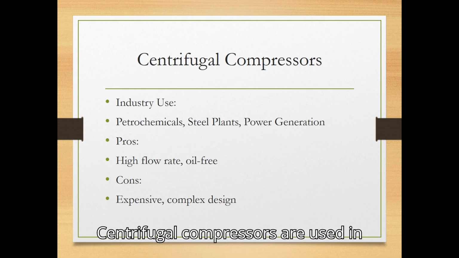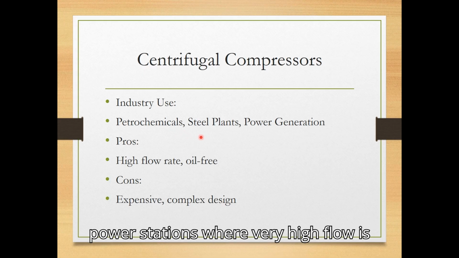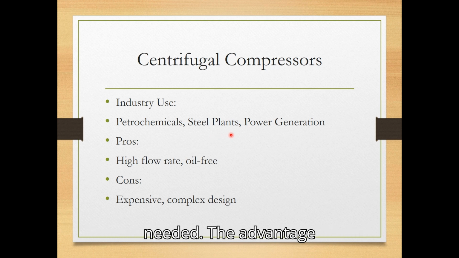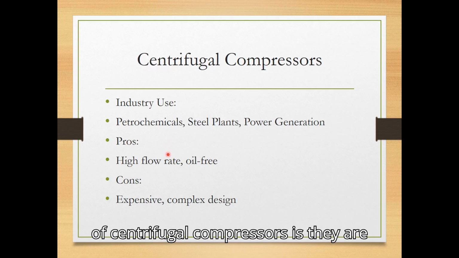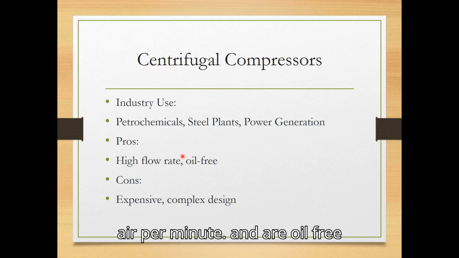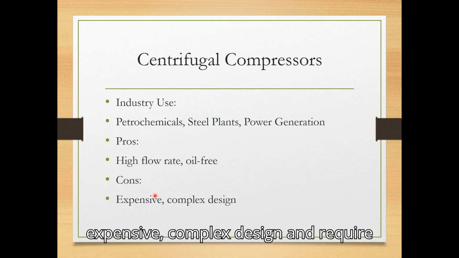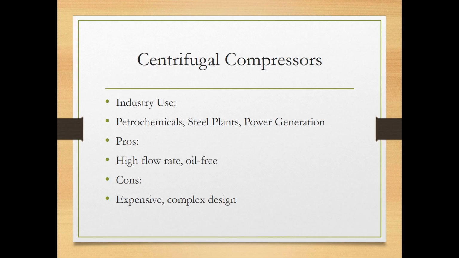Centrifugal compressors are used in petrochemical plants, steel plants, and power stations where very high flow is needed. The advantage of centrifugal compressors is that they deliver thousands of cubic meters of air per minute and are oil-free and reliable for large systems. The disadvantage is that they are very expensive, complex in design, and require expert handling.